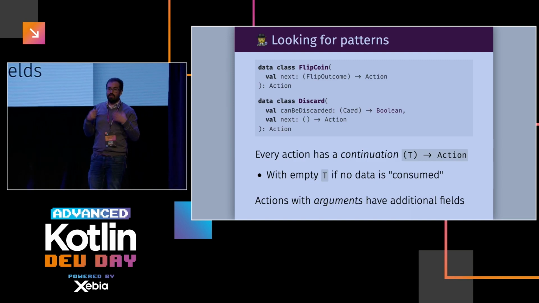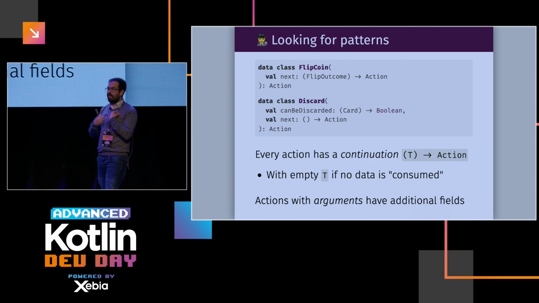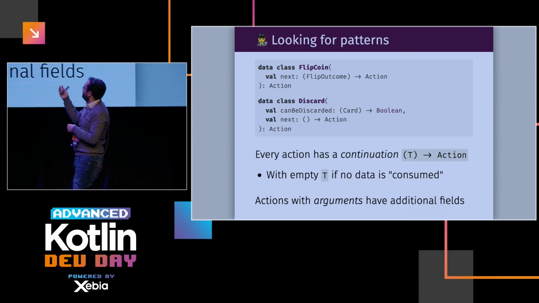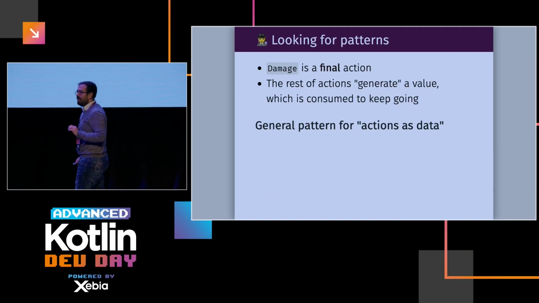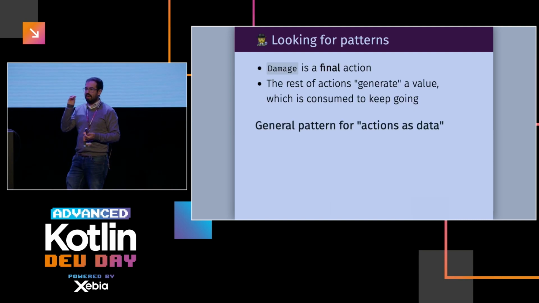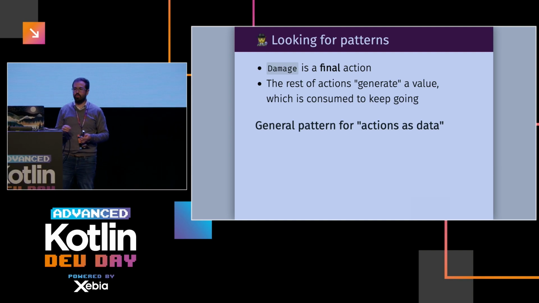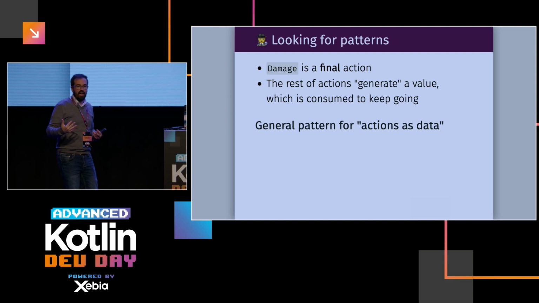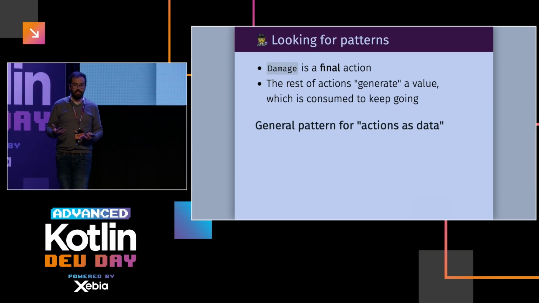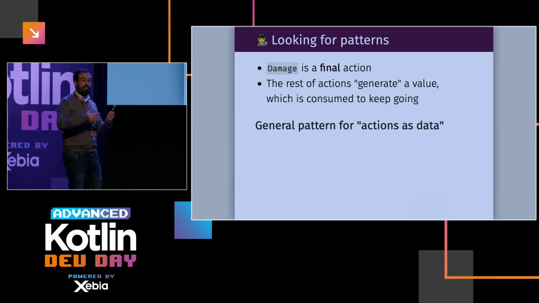And then this continuation gets whatever information we are consuming, the flip outcome, or nothing if no data is consumed. And then the other part is we always have a final action, which in this case was damage. And that's the way you end. You always need a terminal action. So all of this is a general pattern you can use to describe any action.